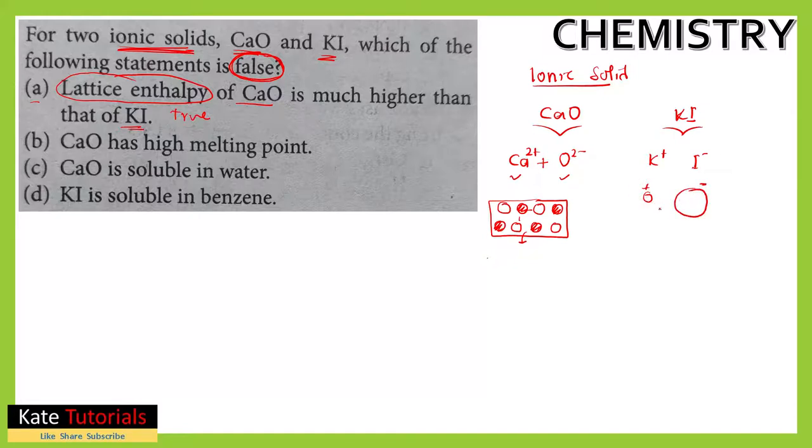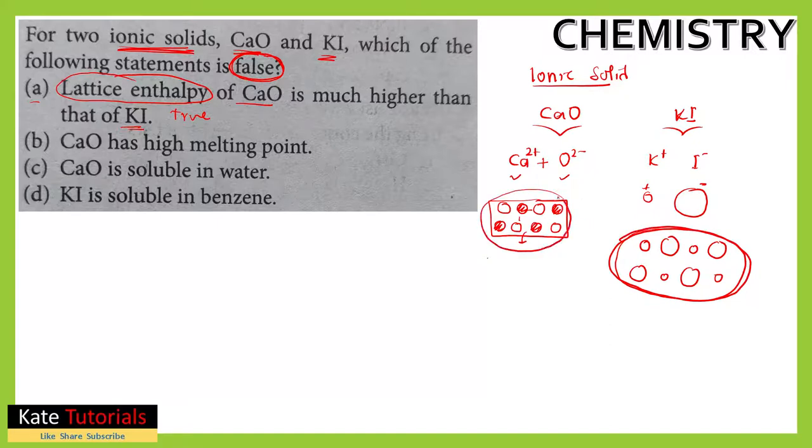Its lattice will not be that stable, since the bonding between K+ and I- is not that efficient. It does form a lattice, no doubt, but the lattice enthalpy will be very low compared to calcium and oxygen, which form a very good lattice. So the first statement is true.